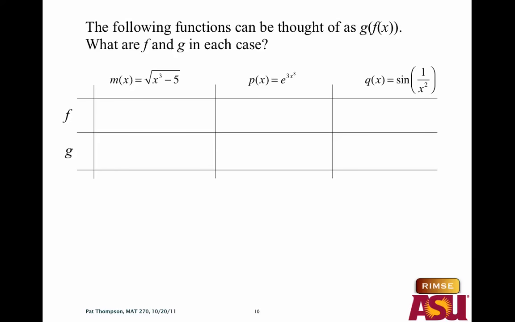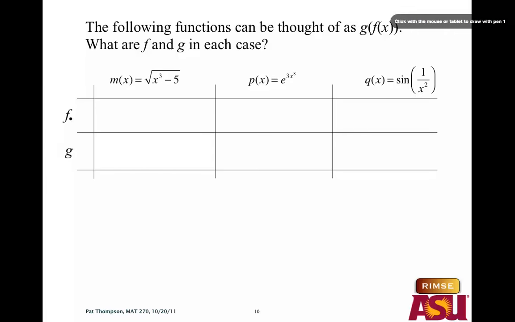So now each of these can be seen as composite functions g of f of x. We'll do this together. We call f the interior function, and g the exterior function. How could we see this as an interior function plugged into an exterior function?